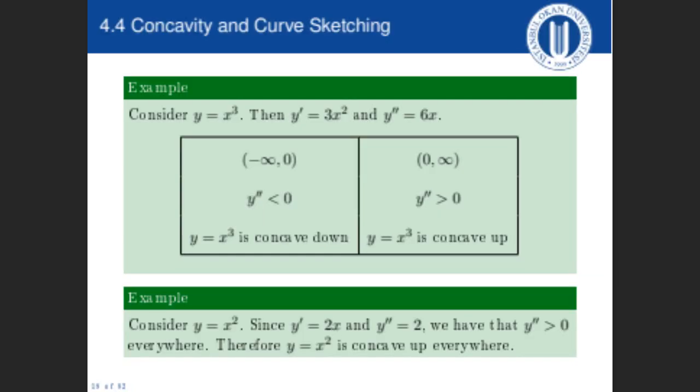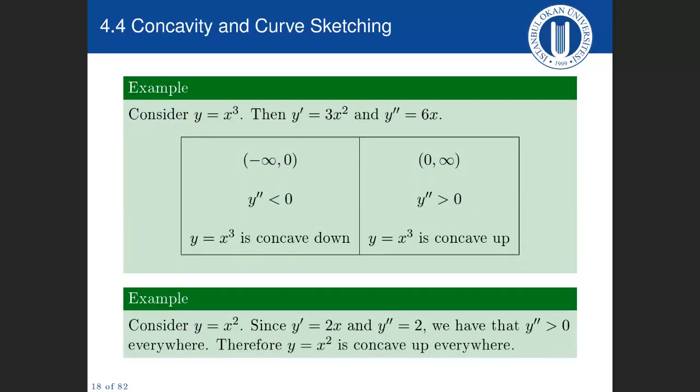Another example. What about y is equal to x squared? Again, we can differentiate it 2 times, and then we can see the second derivative is always equal to 2. So the second derivative is always positive.